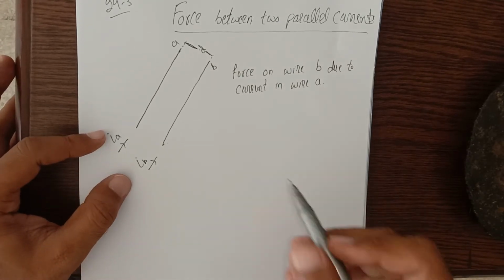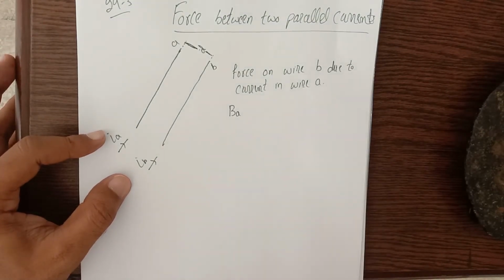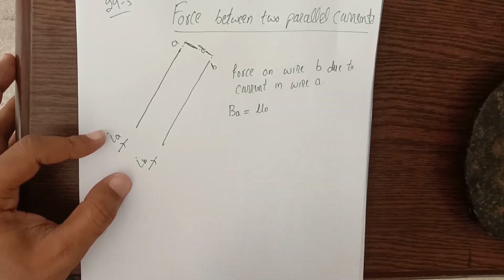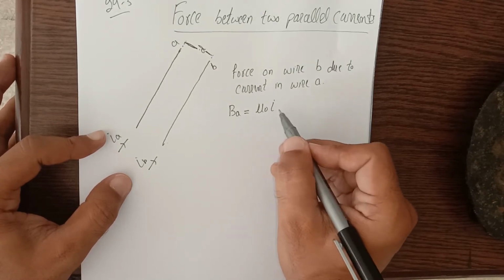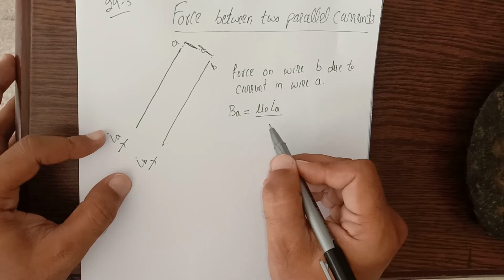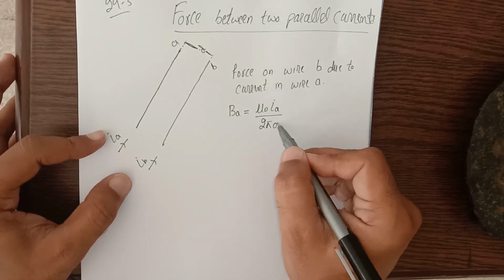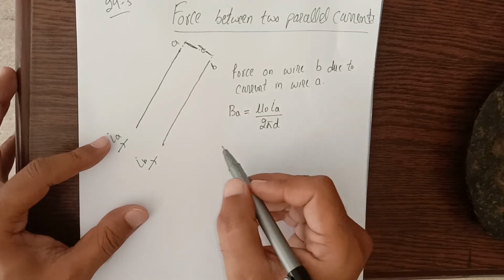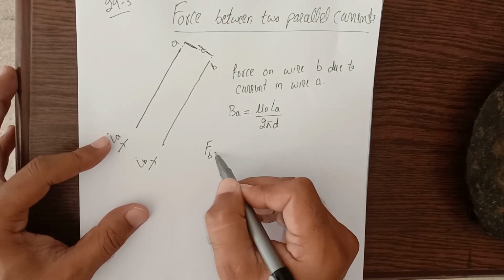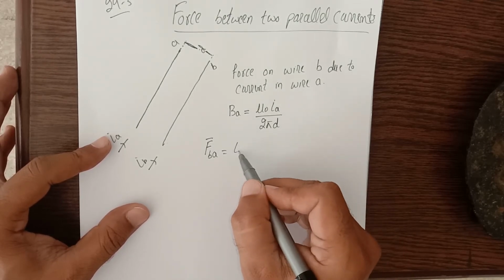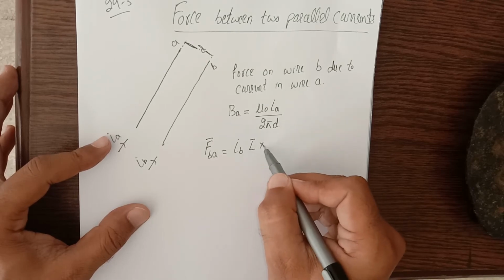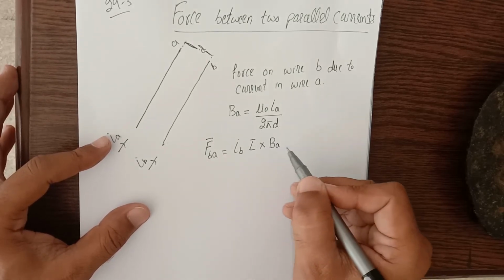To calculate this, we have to find the magnitude of the magnetic field of wire A, and this BA would be given as we have found in our discussion, mu naught current IA over 2 pi D, where the distance is D. Now, since we are interested in finding the magnetic force at wire B due to A, this would be equal to the current IB, length L and magnetic field BA.